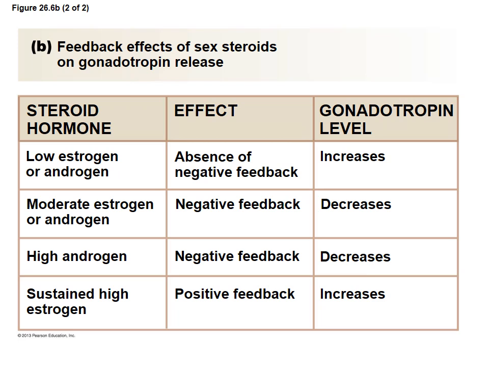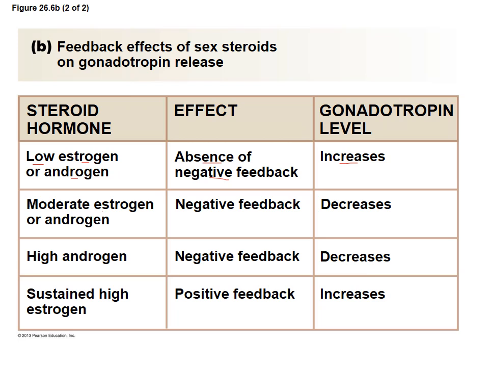So different levels of the different steroid hormones affect the feedback on the gonadotropin release. When the circulating concentrations of the steroid hormones, estrogen and androgen, are low, there's an absence of negative feedback, which means that the gonadotropin levels, the FSH and LH levels, will increase.